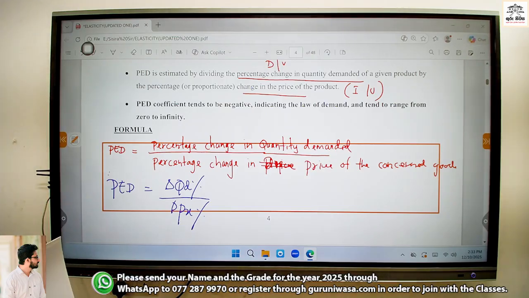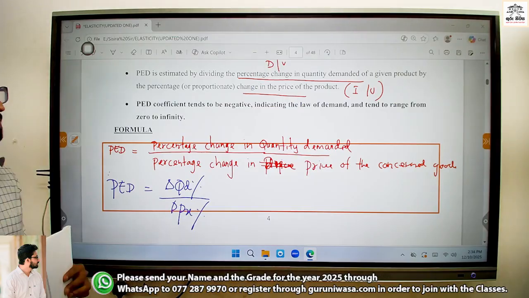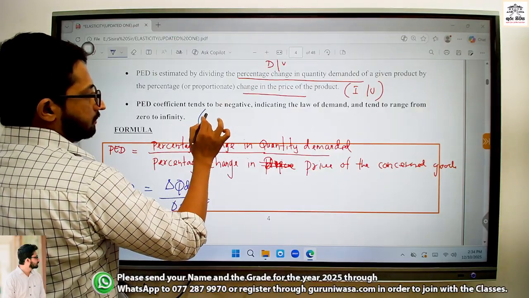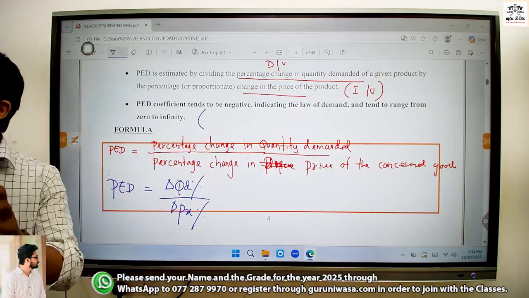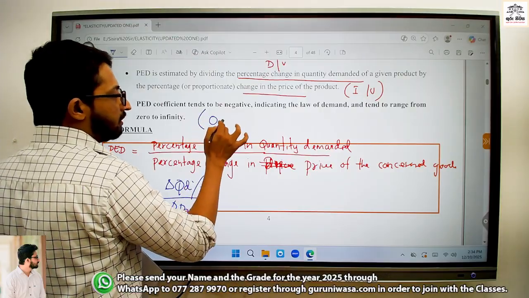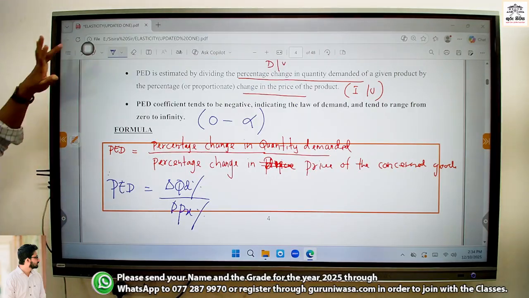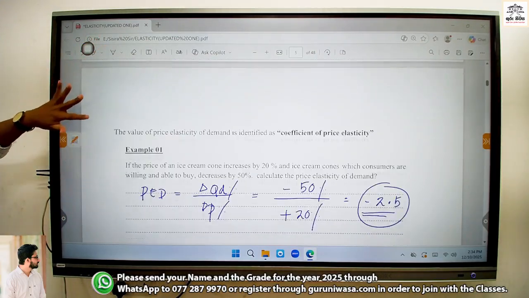And it tends to range from 0 to infinity. This PED value falls between 0 and infinity. I'll explain that later. Now example number 2.